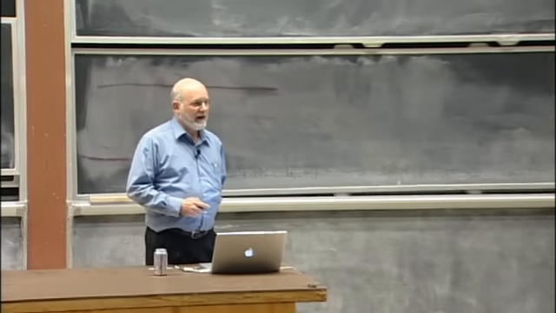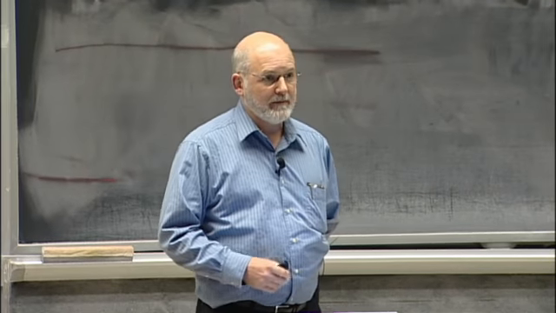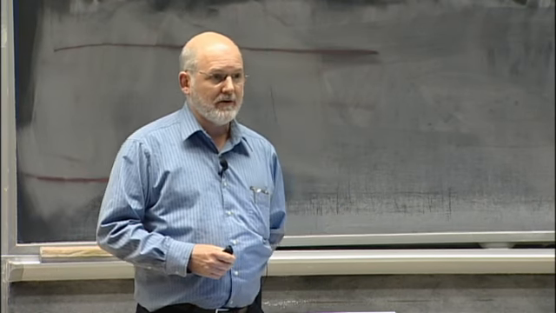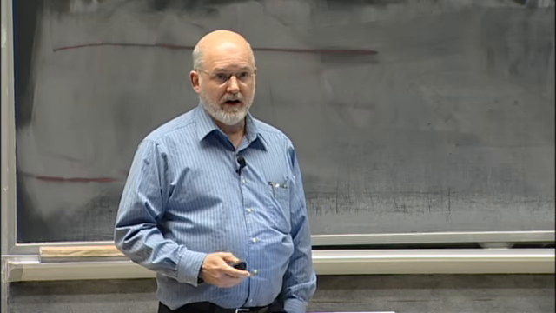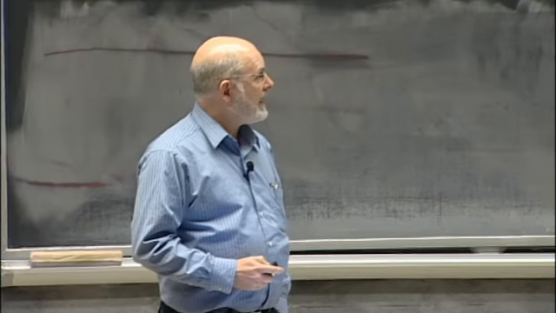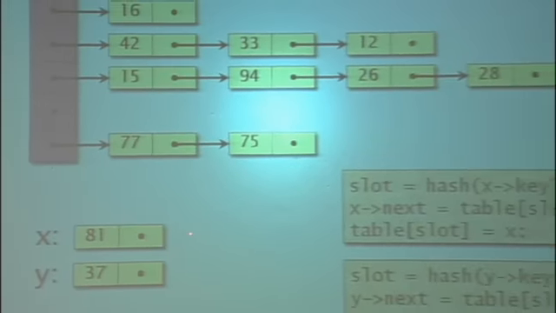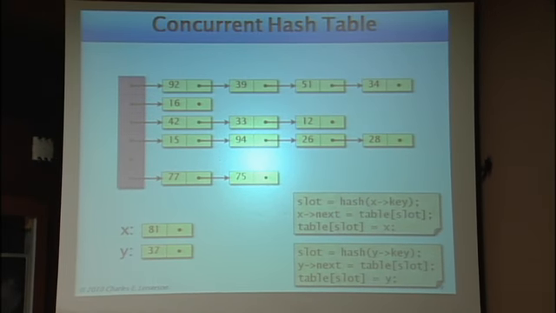But what happens when we say, let's have some concurrency, let's have the ability to look up things in a hash table in different parallel branches of a parallel program. Here we have a concurrent hash table now where I've got two values and I'm going to have two different threads inserting x and y.